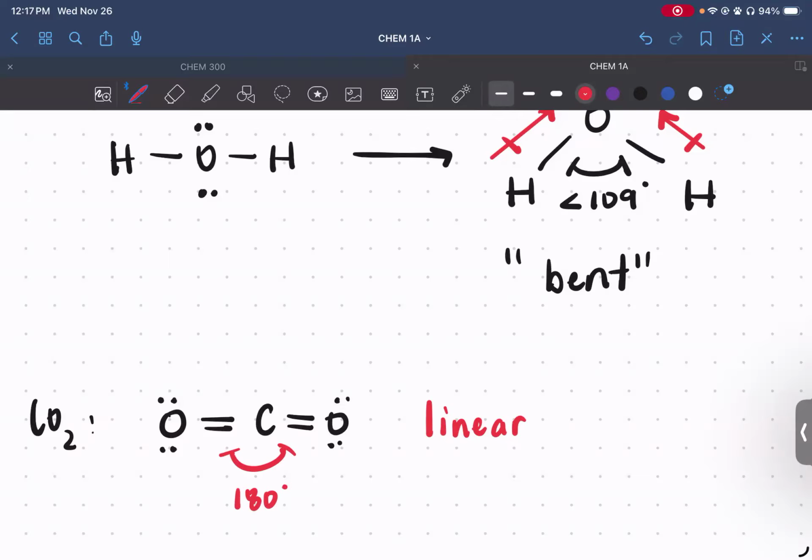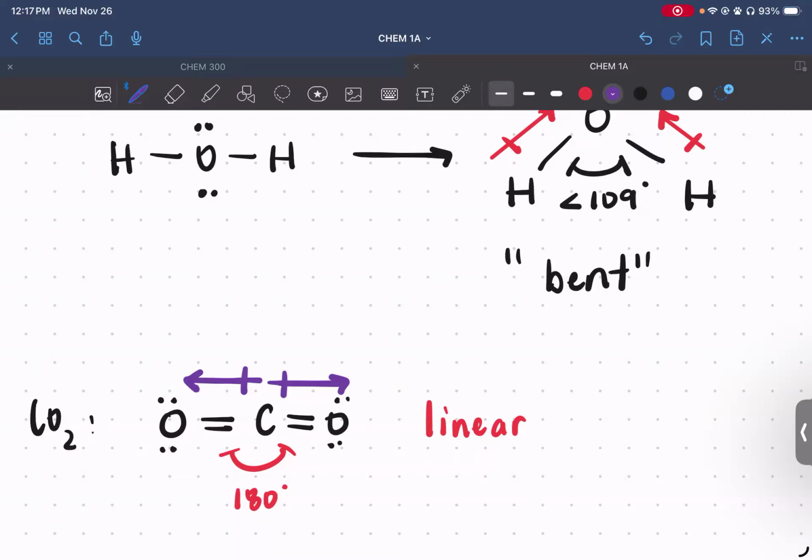If we were to look at the polarity of this molecule, remember the trends. We end up with a situation where, again, the arrows are in opposite directions of similar magnitudes.